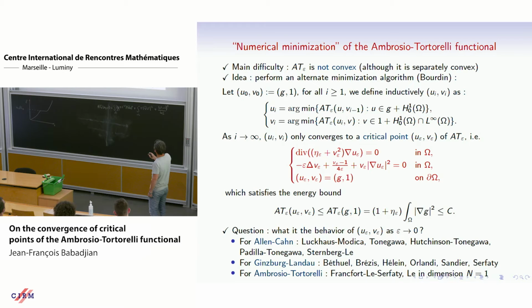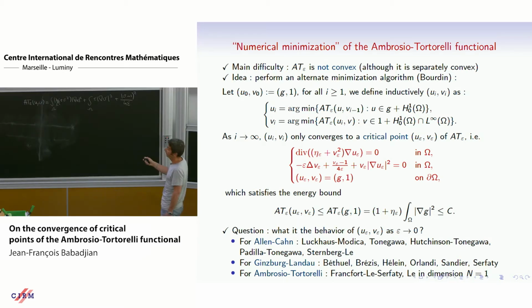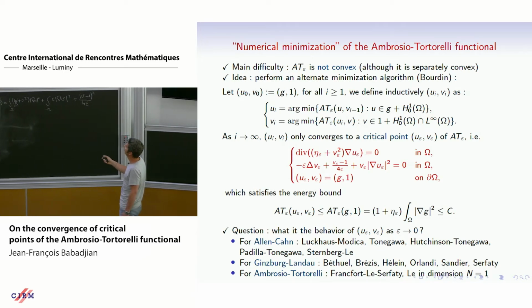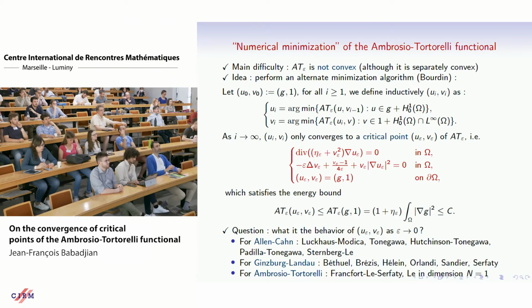So this is a system of PDEs. You have two equations and two unknowns. In the first equation, the main unknown is U epsilon, but you have a coefficient here which depends on V. And for the second equation, the main unknown is V epsilon, but you have a source term which depends on U, and in a very bad way, because this is an L1, it has L1 regularity.